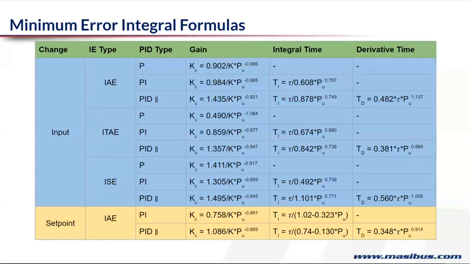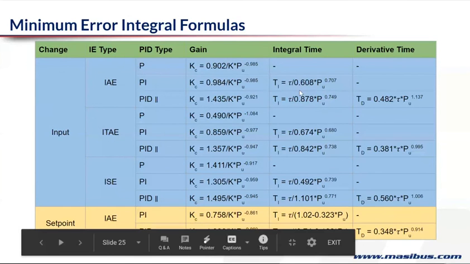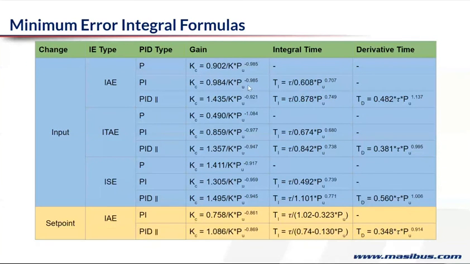So here, I put all the minimum error integral formulas. If you see, they are all based on the process gain, process time constant, and process dead time. This PU is nothing but the ratio of process dead time to process time constant.